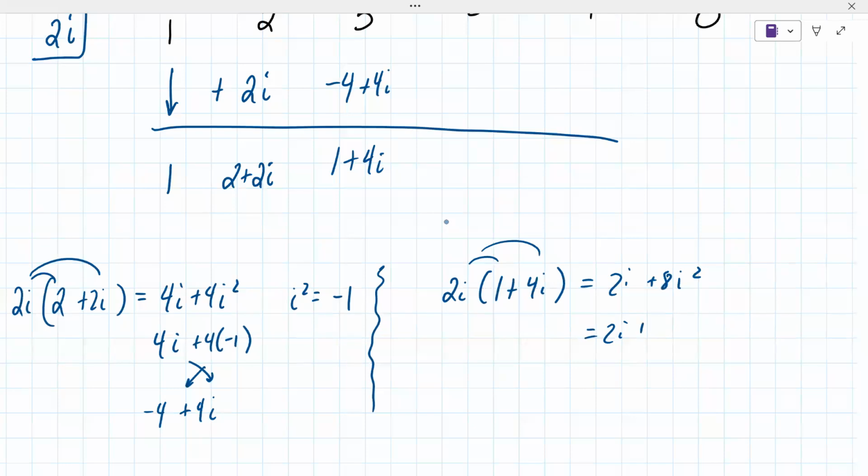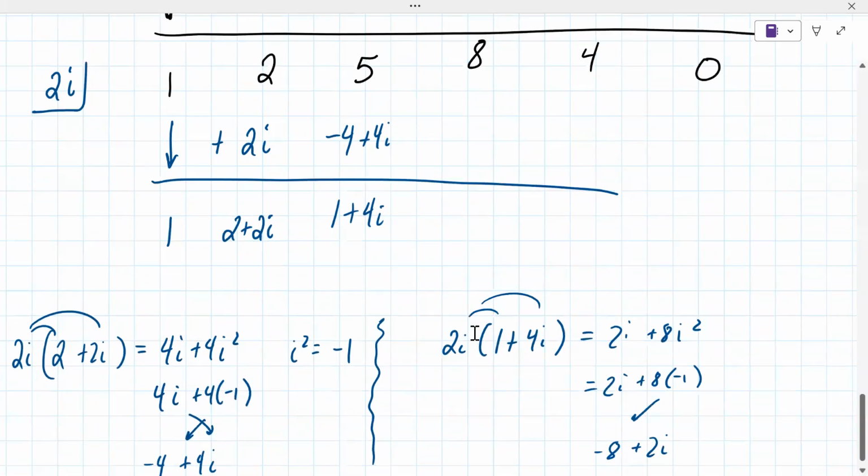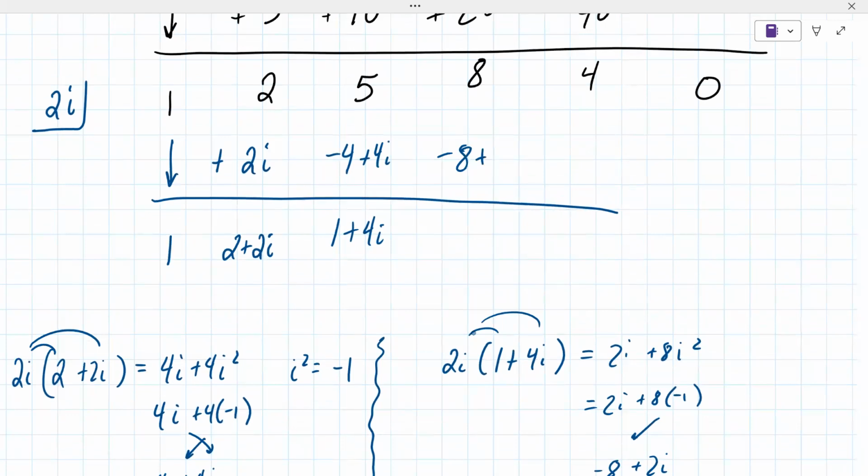So that becomes 2i plus 8 times -1, which is -8 plus 2i. And there's a good thing because it does cancel out with the -8. It becomes just the 2i when you add it vertically.